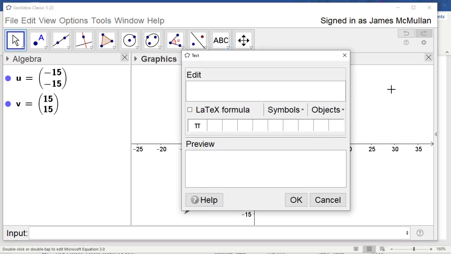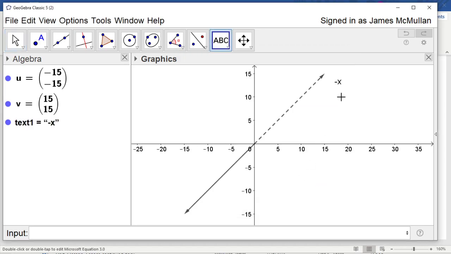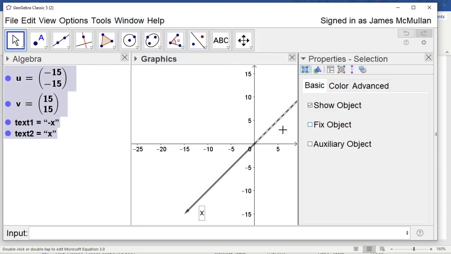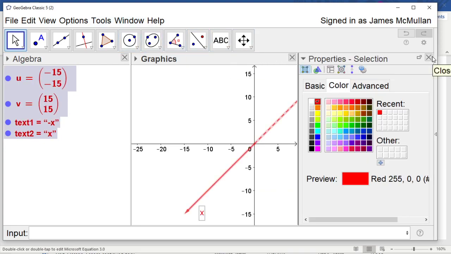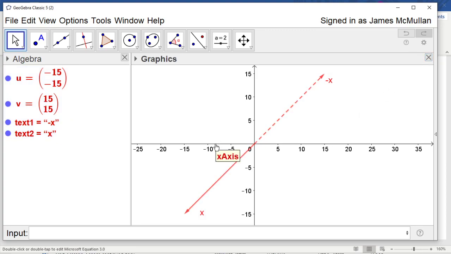Okay, now let's label this thing. This is the negative x direction. This is the positive x direction. Let's put x in red just so we can. Okay, that's the x direction. Now the y direction would be this one.